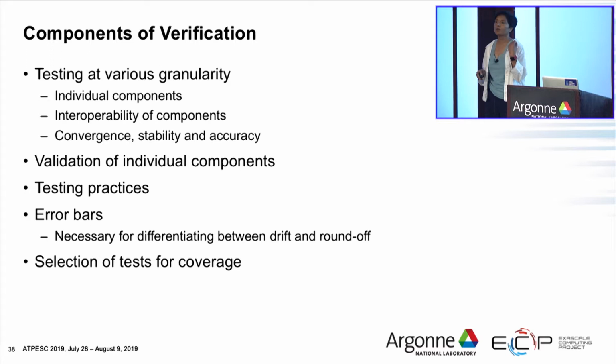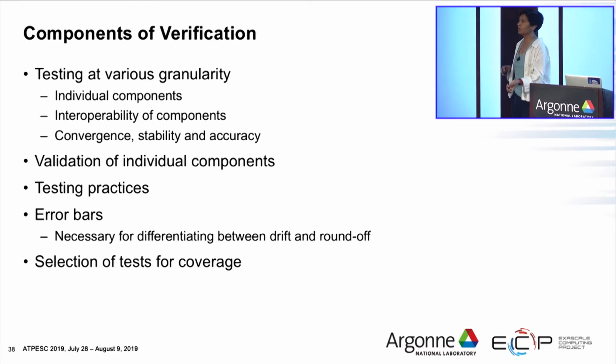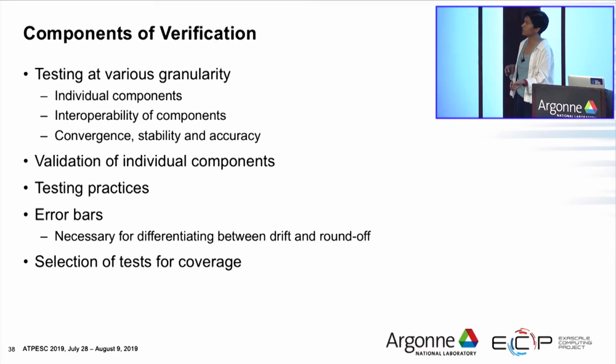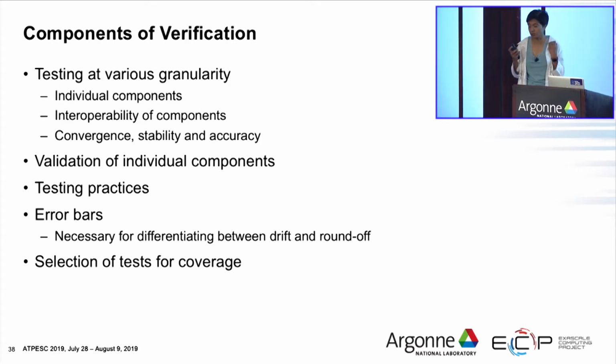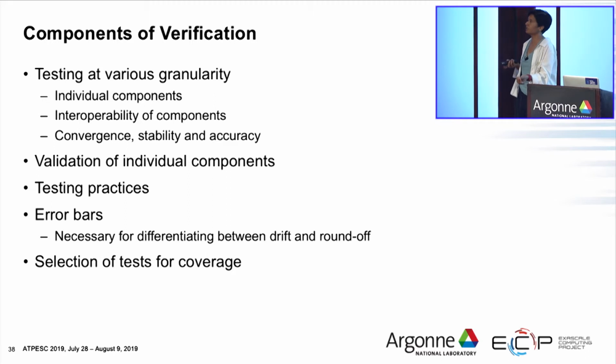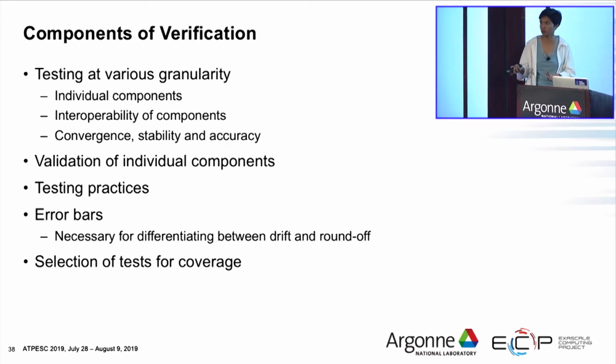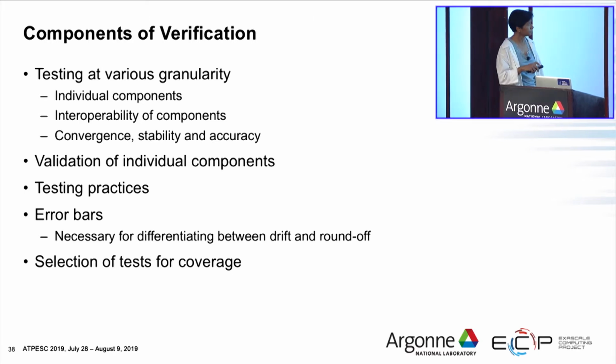If you are doing anything in parallel, bitwise reproducibility of answers is not guaranteed. As soon as you have a parallel reduction in your code, you cannot do bitwise matching of your results against any benchmark.